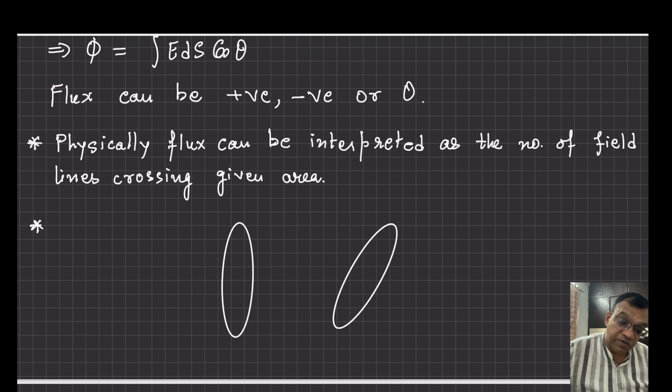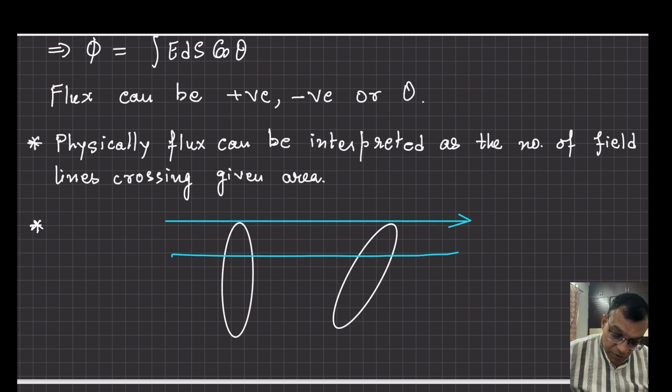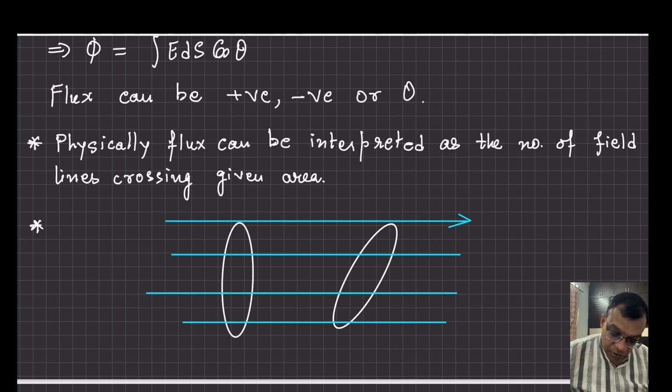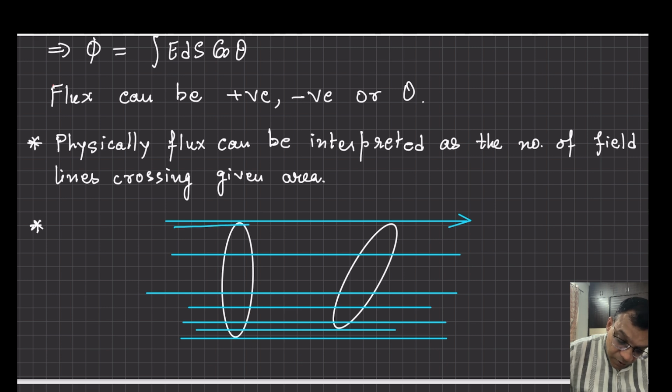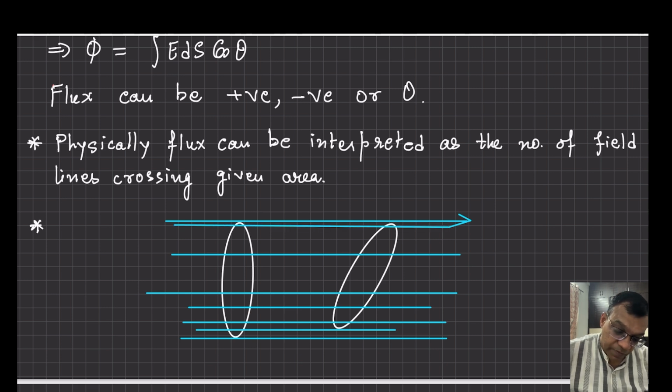And if I am having the field lines like this, then you see this field line is crossing this surface but not crossing this surface, crossing the straight surface but the inclined surface it is not crossing.